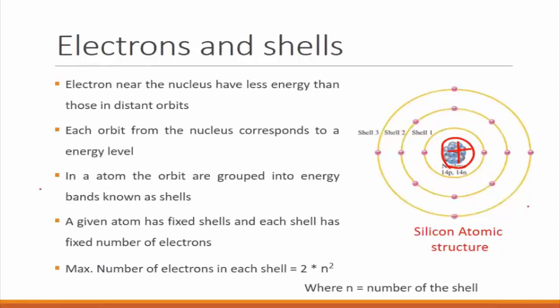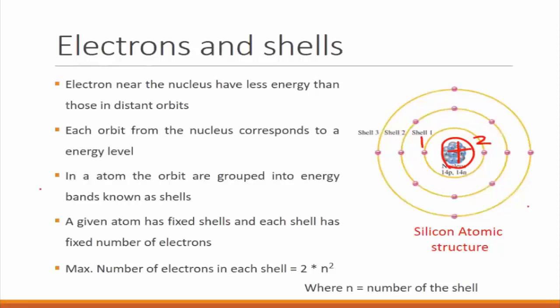And I can move this all the way up. All right, it's better. So the first statement is self-explanatory. It's saying that the electrons near the nucleus, let's say this is our first electron, that's the second electron, closer to the nucleus, have less energy than those in the distant orbits.